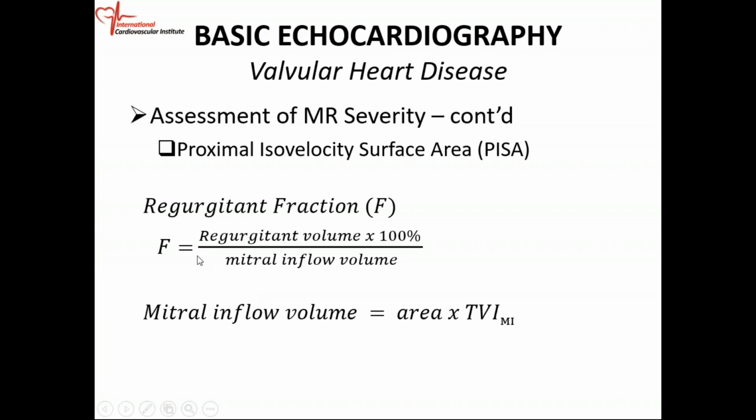So the mitral inflow is going to be a combination of the normal flow plus the regurgitant volume. And again, the definition for flow is always going to be the same wherever you are. So mitral inflow volume is the mitral valve area times the TVI.